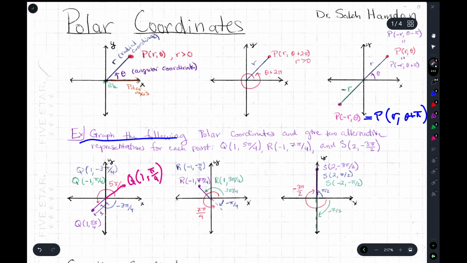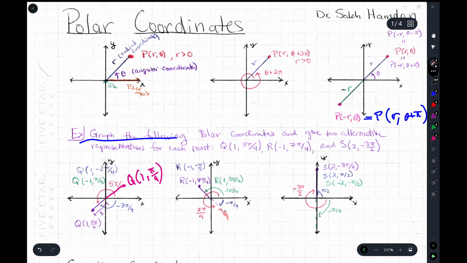So again, how do you find this point? My advice is to ignore that negative first and just wind around 7 pi over 4. And so, this extra angle here beyond the negative y-axis, pi over 4. Okay, so we get to 7 pi over 4. It's somewhere here.